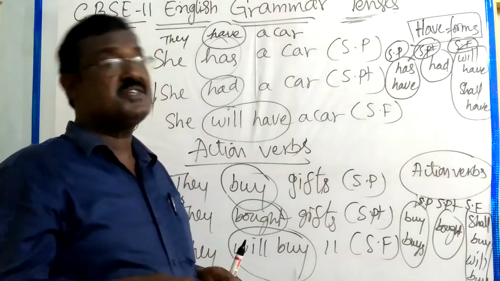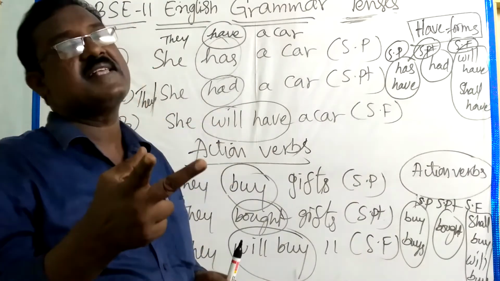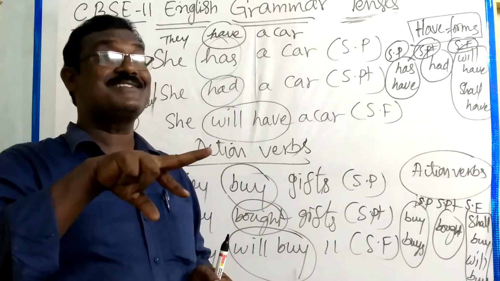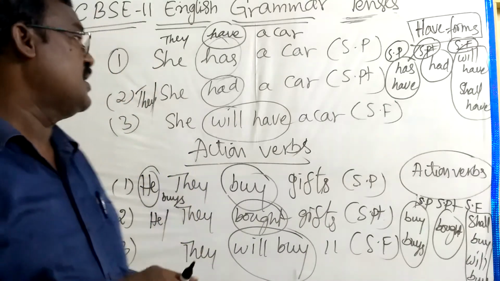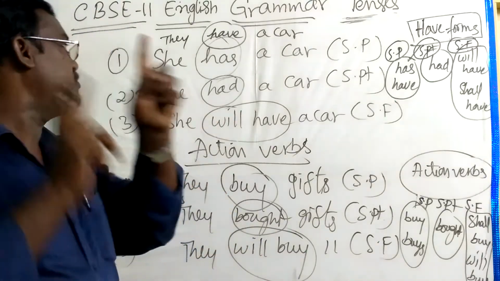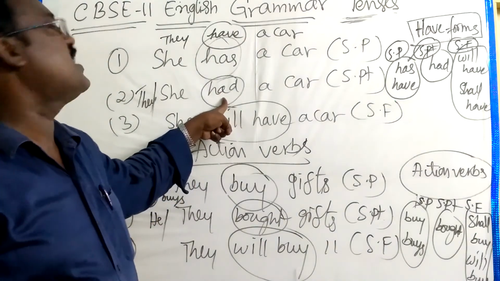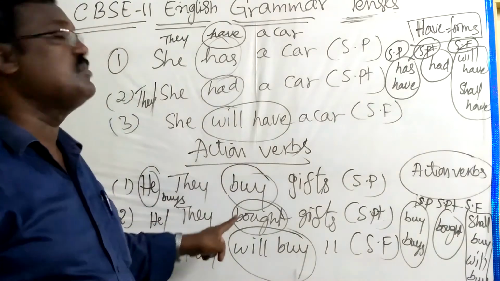For example, in past tense: she was a dancer, they were dancers. So be forms, in past tense also, a singular be form is there and a plural be form is there. But have forms and action verbs, in past tense only one verb is there: for have forms, past had; for action verbs, past tense V2 verb.